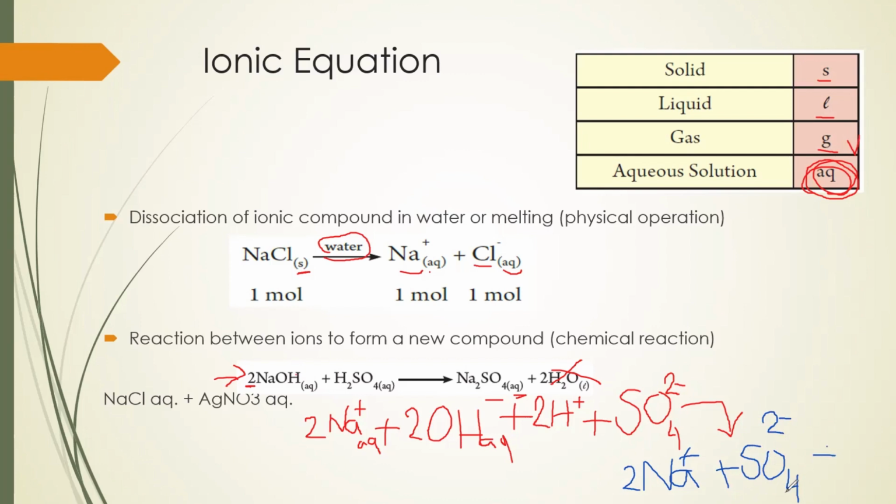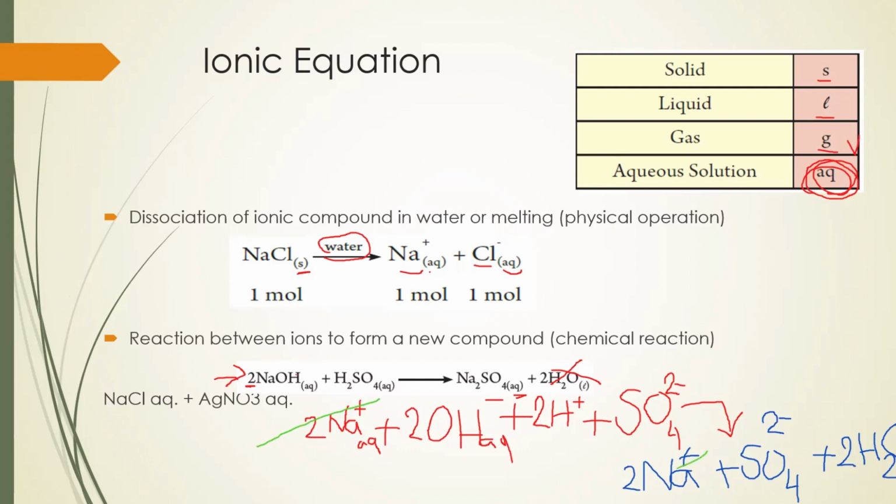So when we write the equation, and then H2O, we will not decompose it into protons and oxygen ions. No, because it's liquid, so we write it the same. So after writing the ions of the aqueous or molten reactants and products, I will look for the similar ones.